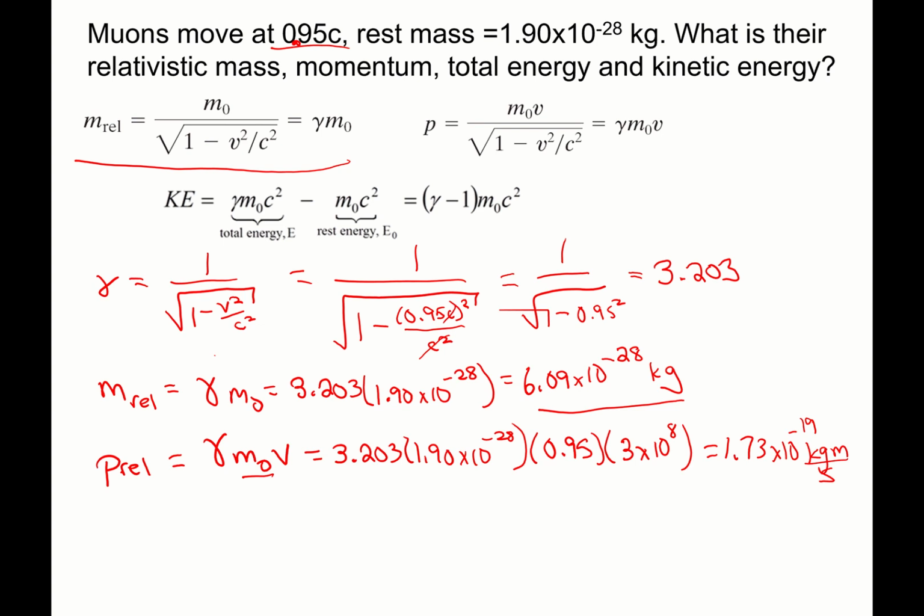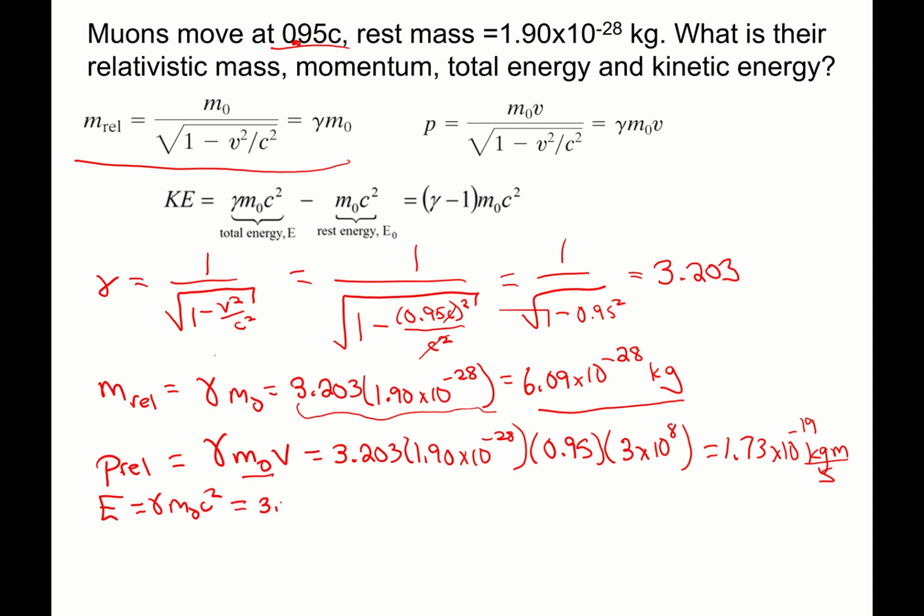Okay, next thing, what's the total energy? The total energy is gamma times m0 c squared. So gamma times m0, that's just this again.